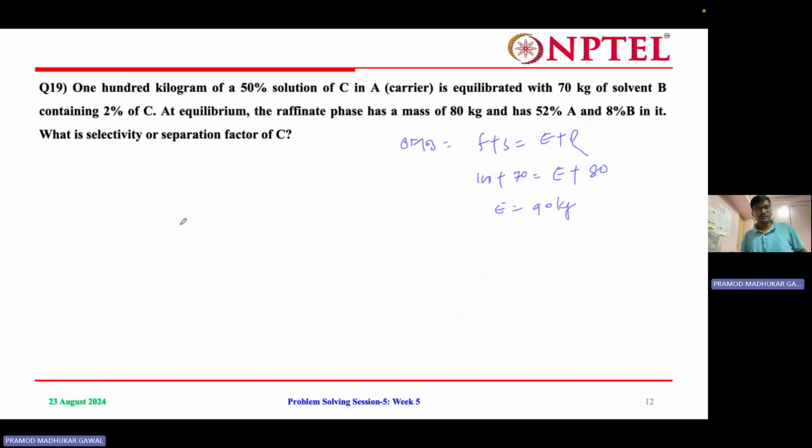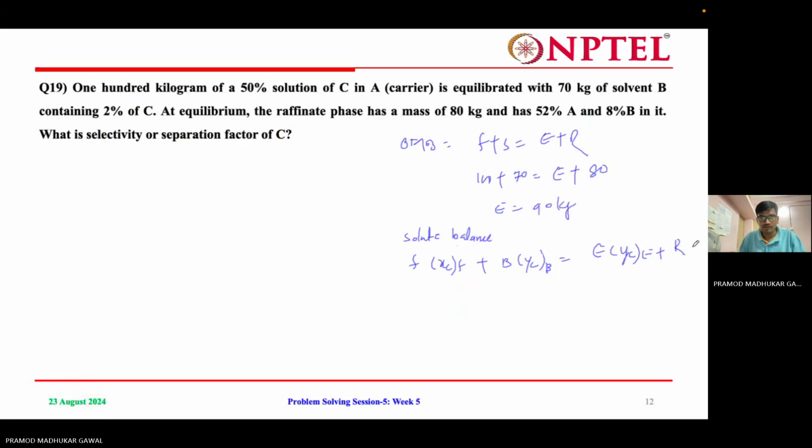So now the solute balance, right? So F XCF plus B YC B equals E times mole fraction of the solute in the extract phase plus R, quantity of raffinate, times mole fraction of the solute in the raffinate stream, right?